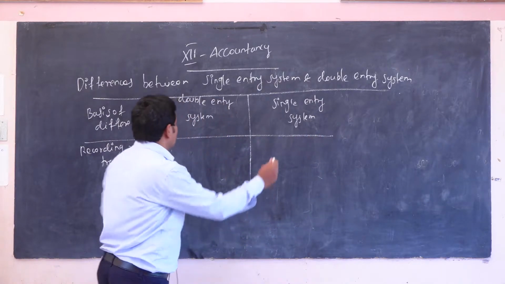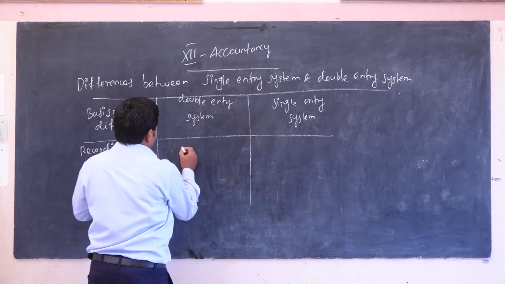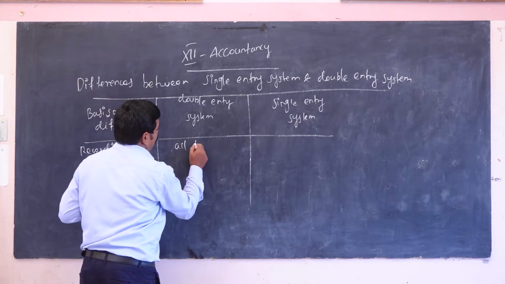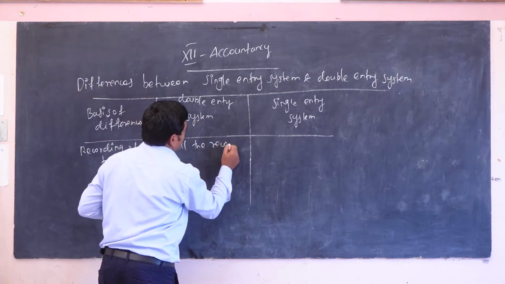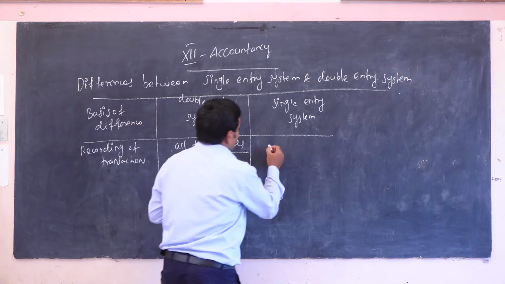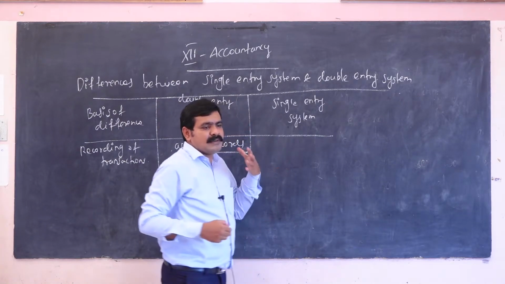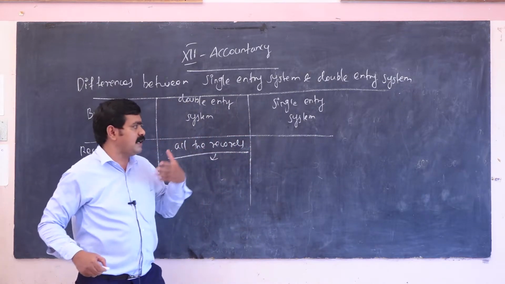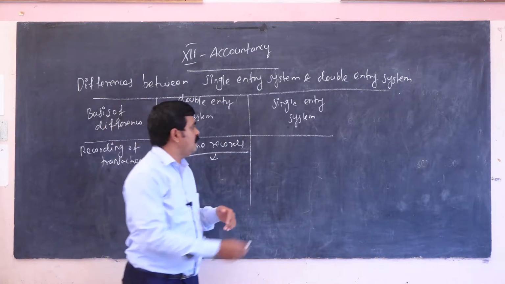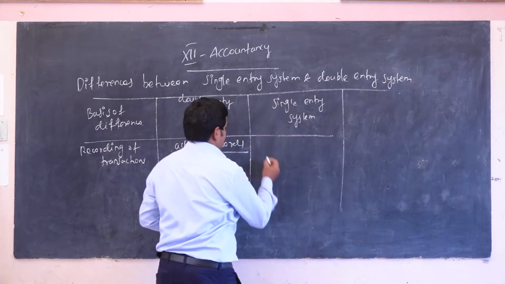That is called single entry system. Some of the transactions we posted, and some of the transactions we missed.